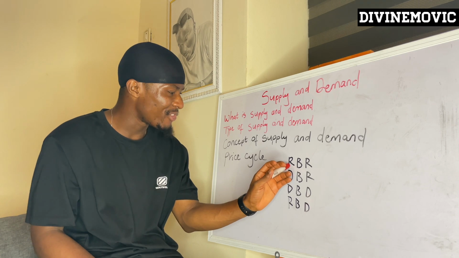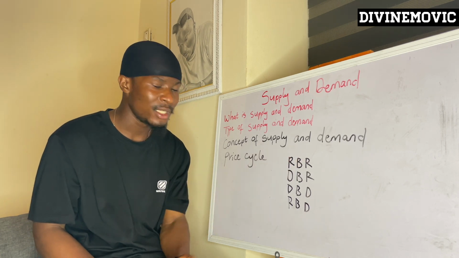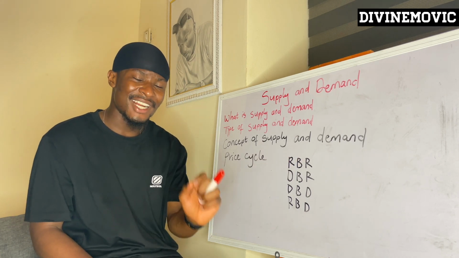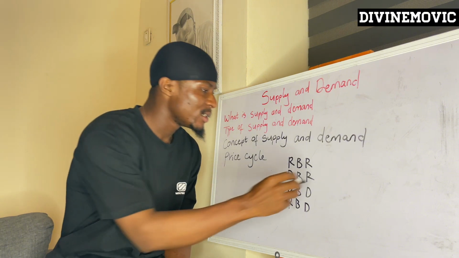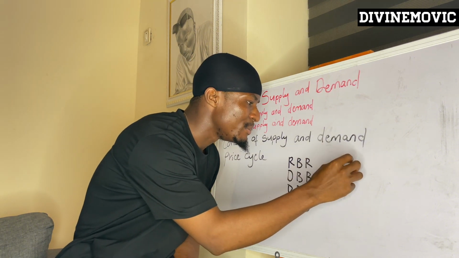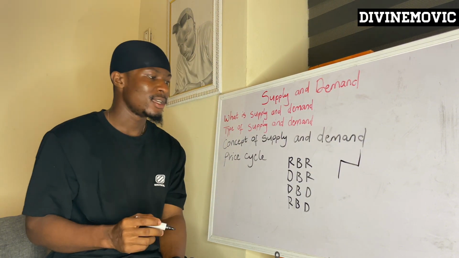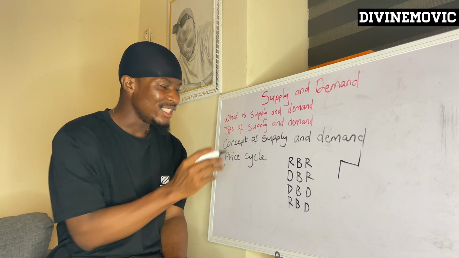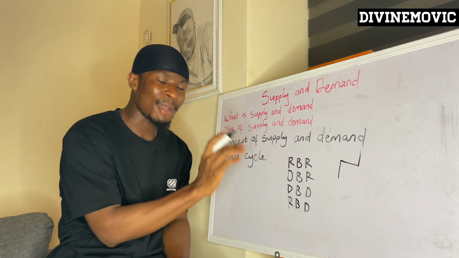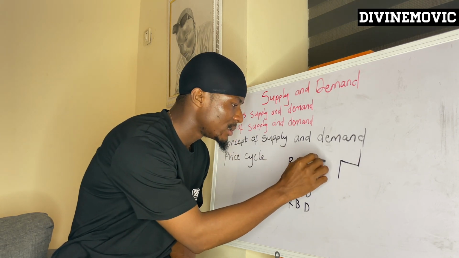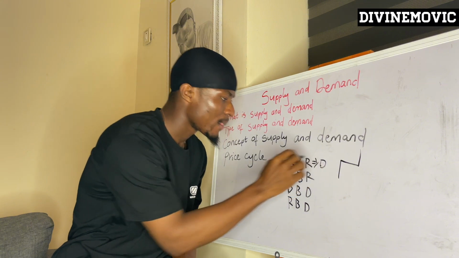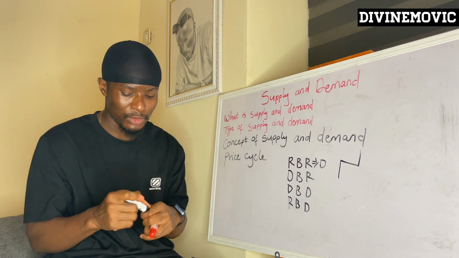The first one is referred to as rally base rally. It simply says there's a rally, there's a base, and there's a rally. Now, the rally base rally is a type of what? Demand. Why is it a demand zone?